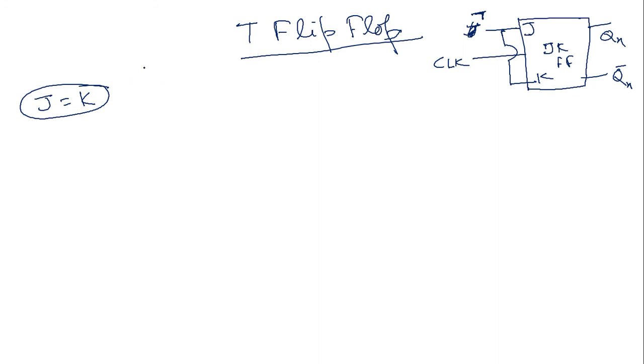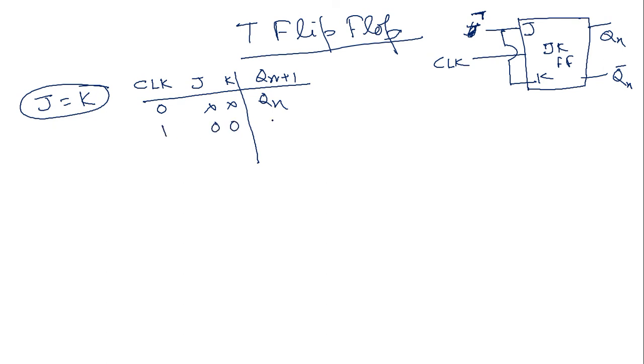I can write the truth table of the JK flip-flop, with clock, once again. Qn plus 1: for 0 0 it is Qn, for 0 1 it is 0, for 1 0 it is 1, and for 1 1 it is Qn complement.